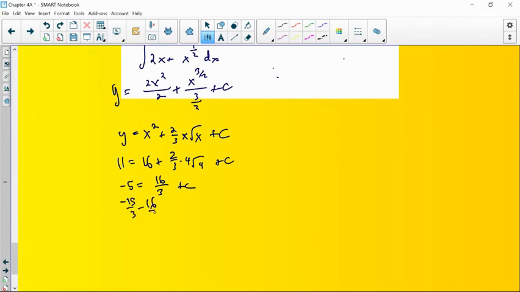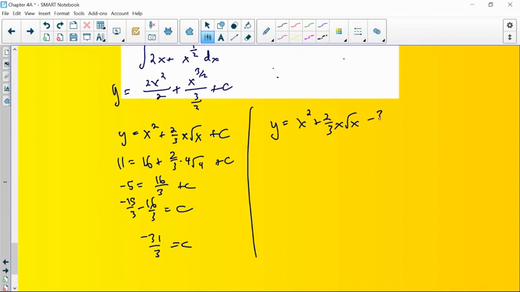So we subtract 16/3 to get our constant, which is negative 31/3. So then we could say our function y is equal to x squared plus 2/3 x root x minus 31/3. And there's our function. So just another way to ask the same question.